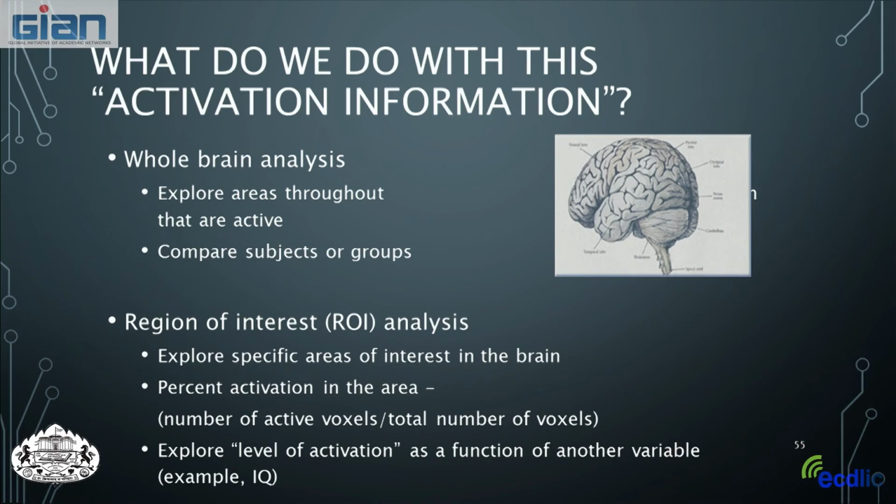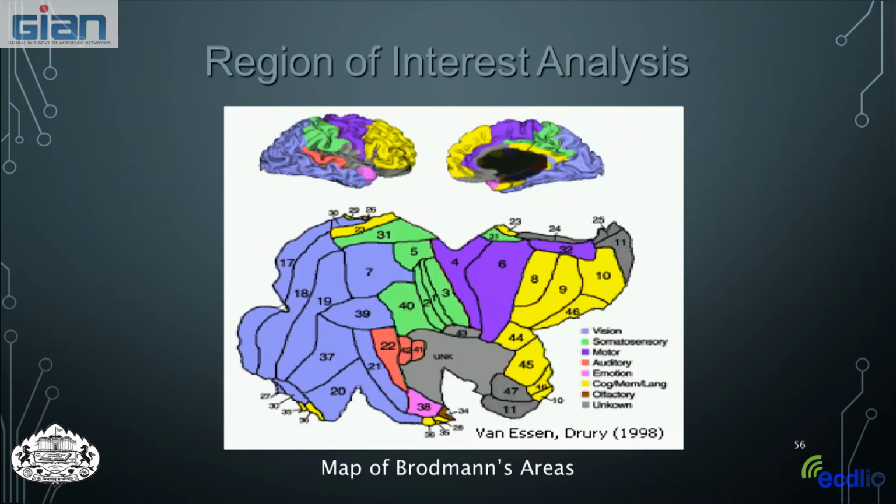So we could use this to look at differences across different subject types as other things varied, for example, their IQ. In a region of interest analysis, we could define regions by anatomical features, or divide them down into other types of regions.